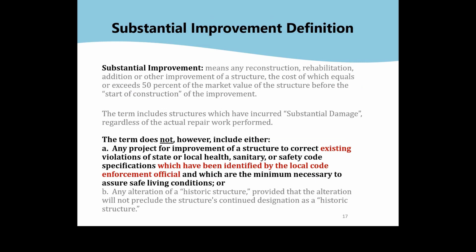Okay, moving back to our substantial improvement definition, we go to the next item here in bold. The term SI does not include any project for improvement of a structure to correct existing violations of state or local health, sanitary, or safety code specifications, which have been identified by the local code enforcement official and which are the minimum necessary to assure safe living conditions.